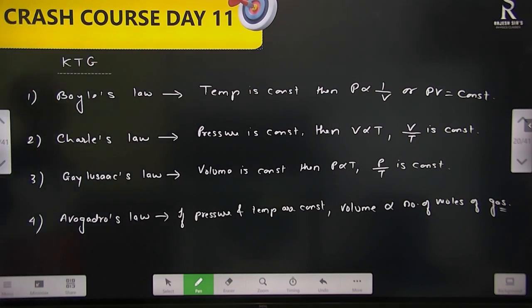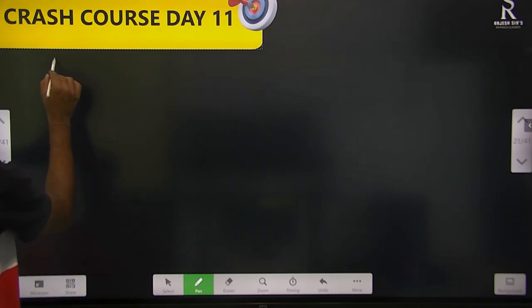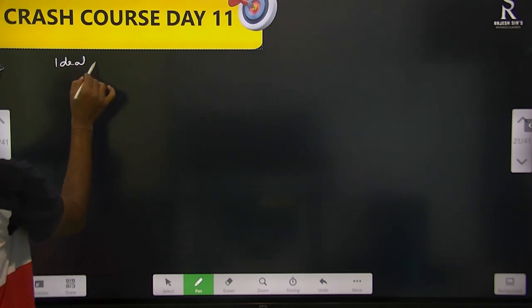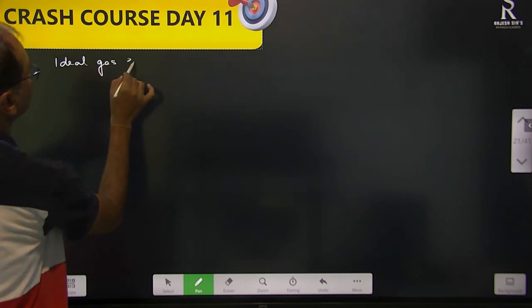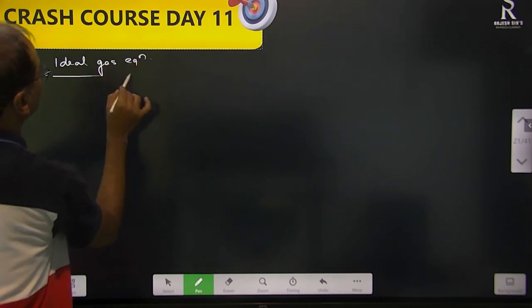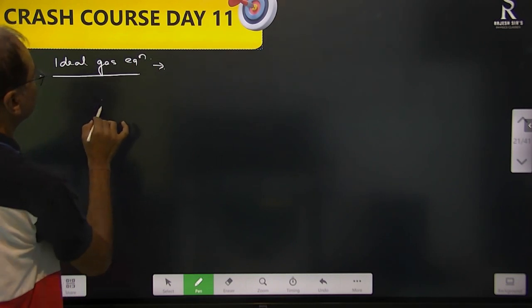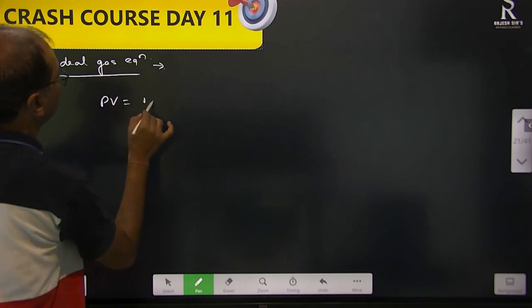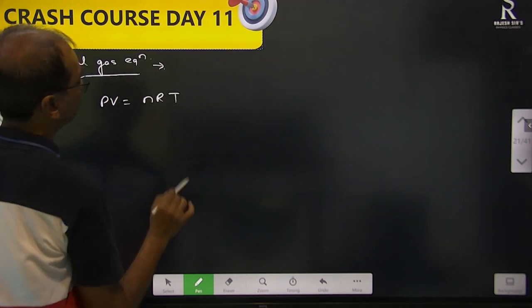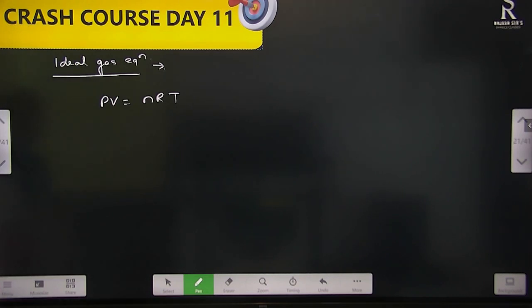Okay, so these are the four basic laws, and when we use them all, we get the ideal gas equation. Ideal gas equation, PV equal to nRT.